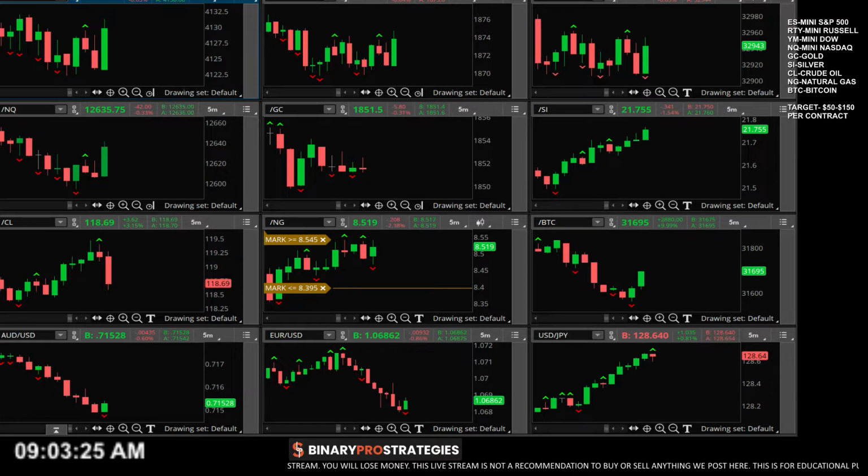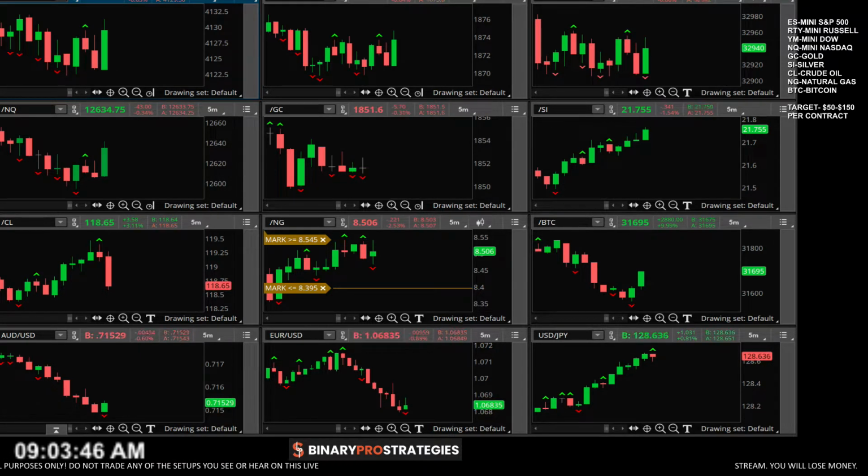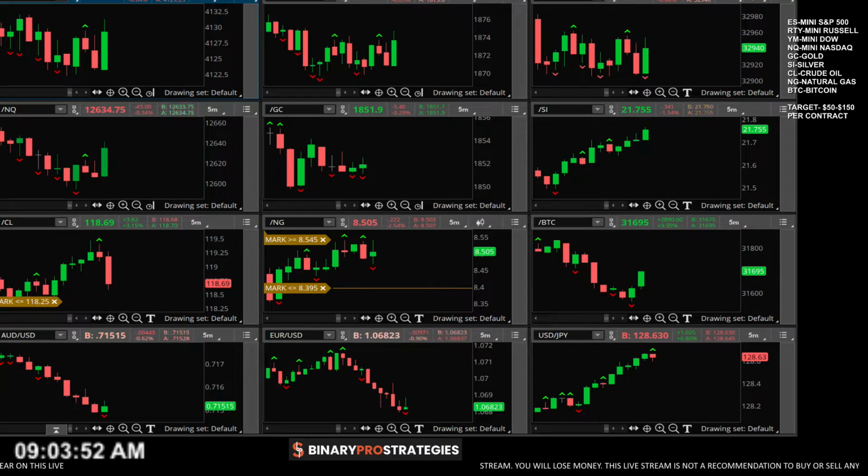Also getting triggered a short crude right now, getting short a crude oil. That crude short is coming in at 118.65. The target on that crude is going to bring us down to 118.25. If we hit 118.25, we'll exit the trade.